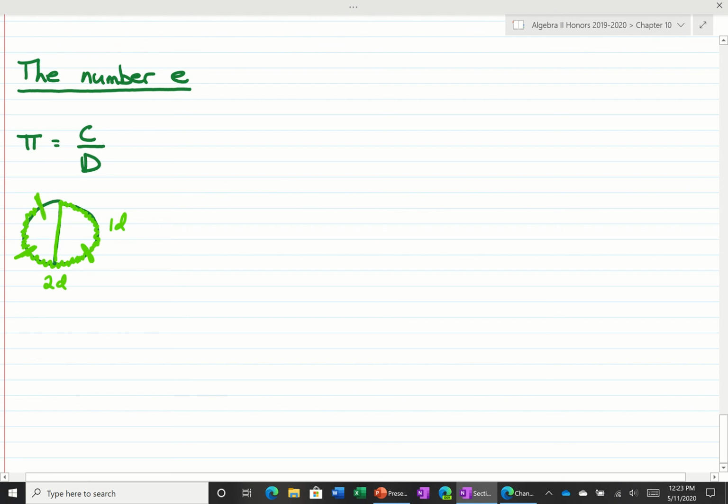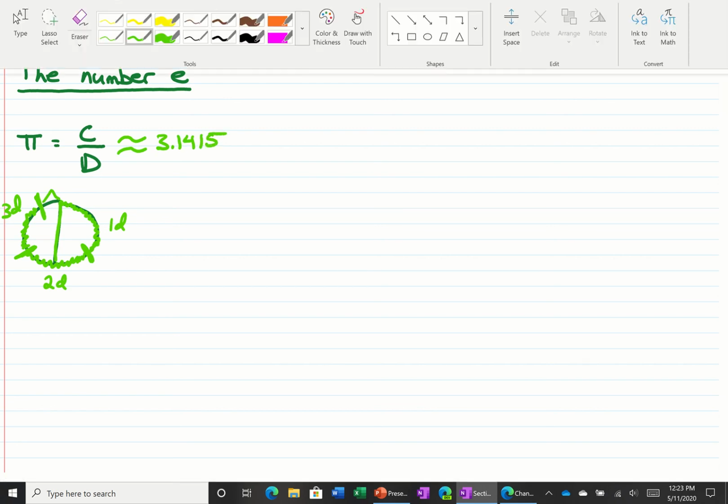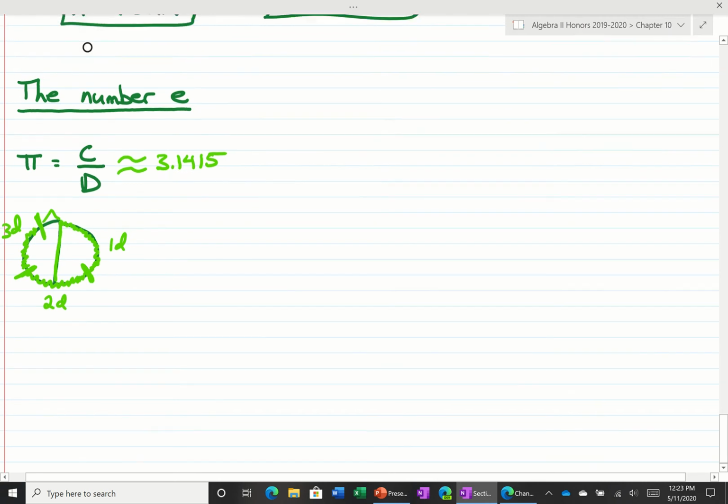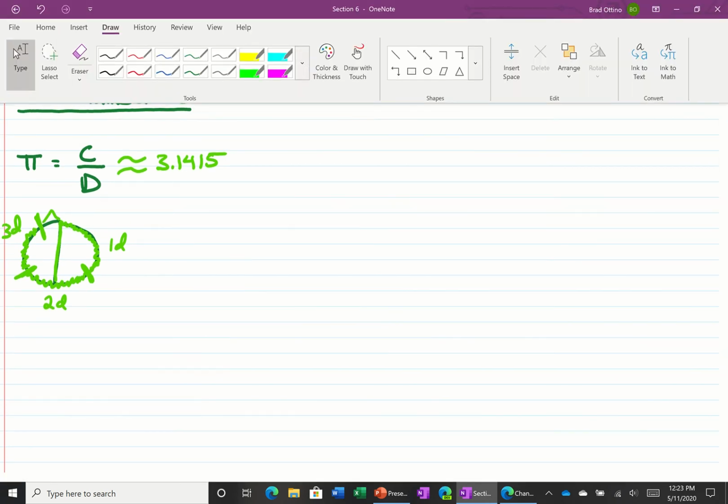This would maybe be about 3 diameters. But then you'd have a little bit left over, and that little bit left over is 0.1415 diameters. Or in other words, you know that pi is about 3.1415.